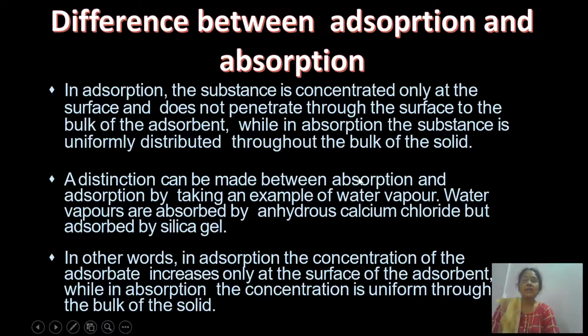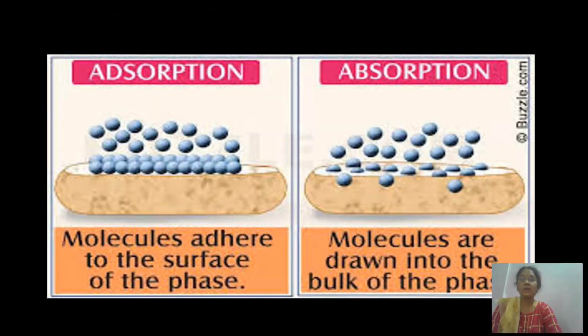You can take the example of water vapors. Water vapors are absorbed by anhydrous calcium chloride but adsorbed by silica gel. So adsorption is a surface phenomenon while absorption is a bulk phenomenon.